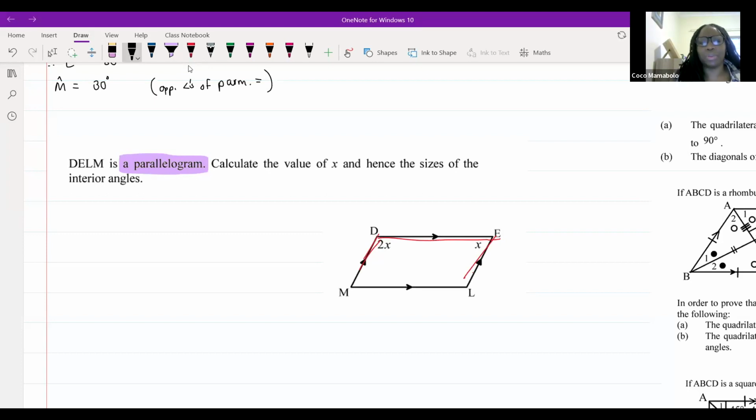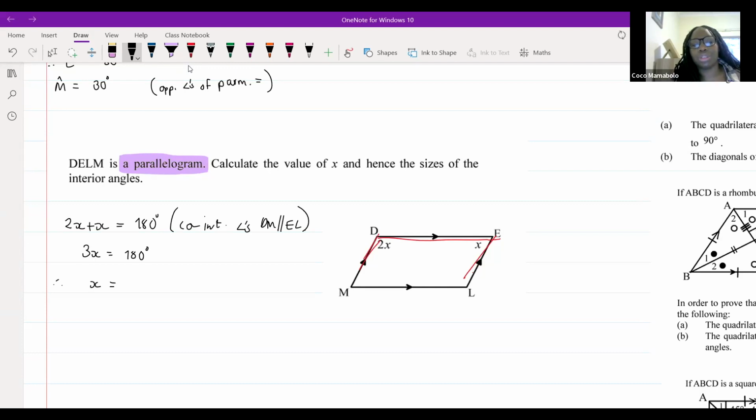So I have to say 2x plus x is equal to 180 degrees. Then I have to say co-interior angles, and then I have to give the parallel line. So I have to go DM is parallel to EL. Okay, then I know 2x plus x is equal to 3x is equal to 180. Therefore, x is equal to 60 degrees.